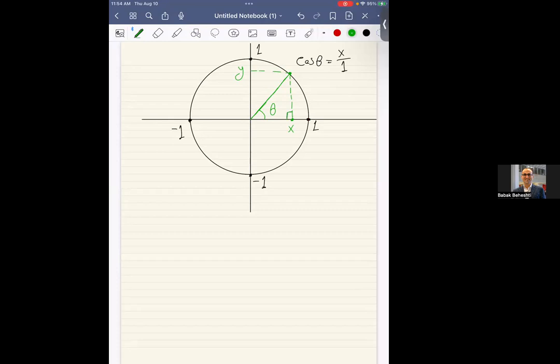So cosine of theta is just x. In this circle, cosine of theta is x over 1, which is equal to x because the radius is 1. And sine theta is equal to y over 1, that is equal to y.